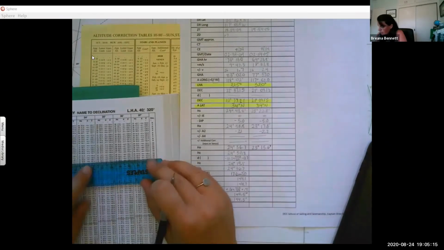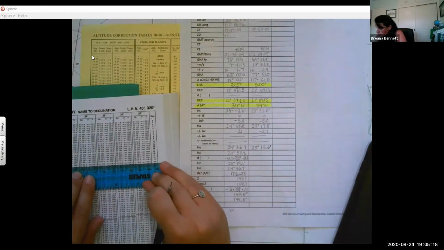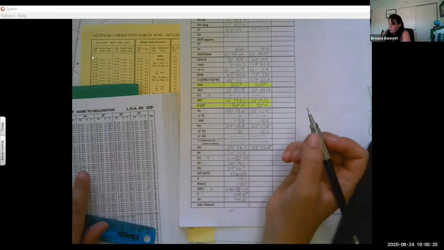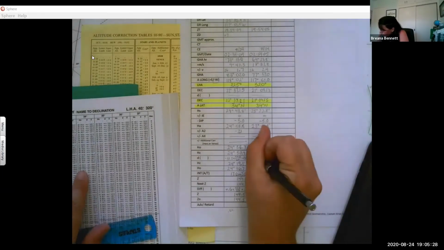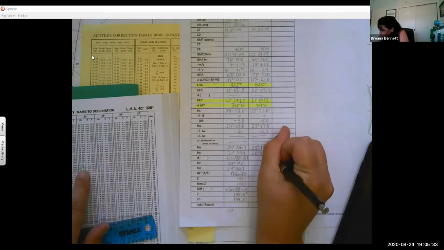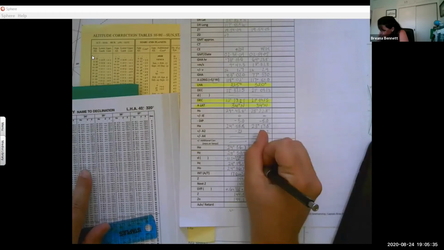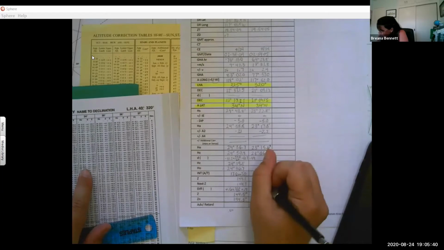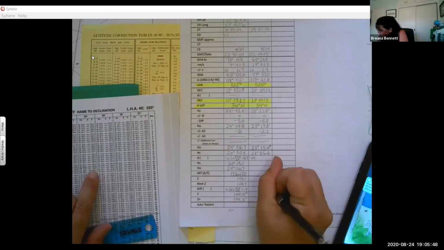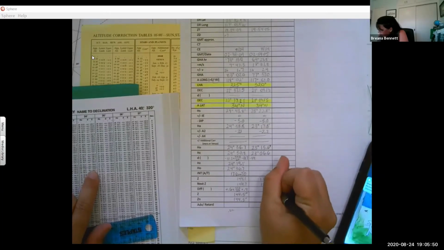So we're going to find 21. You guys can't read that. So we have 23 degrees, 06.6. Our little d is minus 49. Our Z was 139.3 and 139.9.